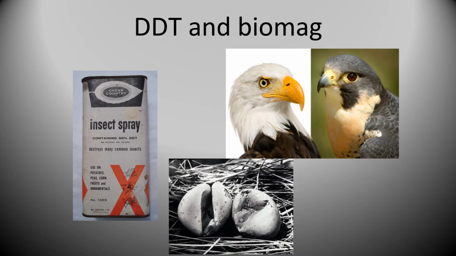Remember, with the top predators, they produce the thin-shelled eggs, and then the parents couldn't incubate the eggs. So DDT, we know, was what caused it, because then toxicology studies were made on this pesticide for us to learn more about its toxic effects on organisms at sublethal doses.